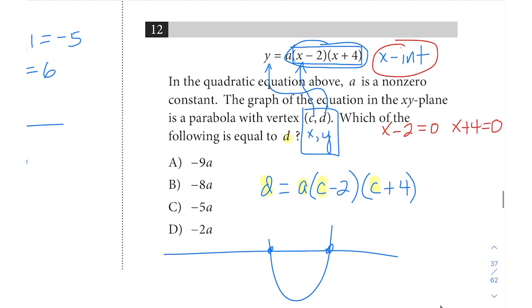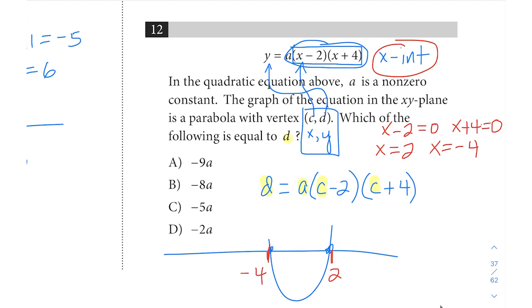That would give us x equals 2 and x equals negative 4. These are going to be our x-intercepts. So this would be an x value of 2 and an x value of negative 4 for this particular parabola.